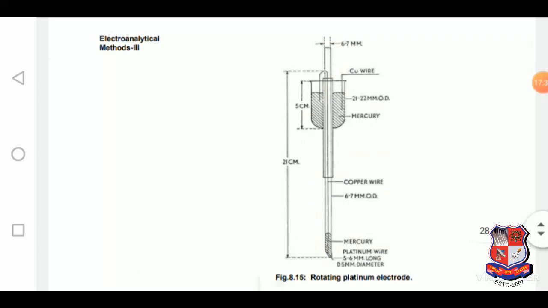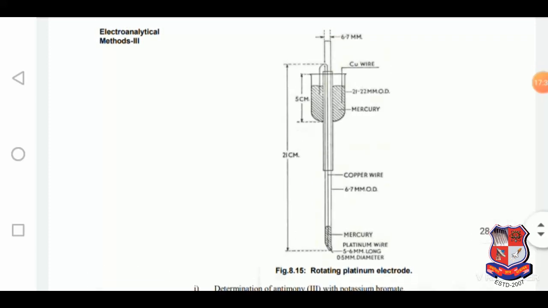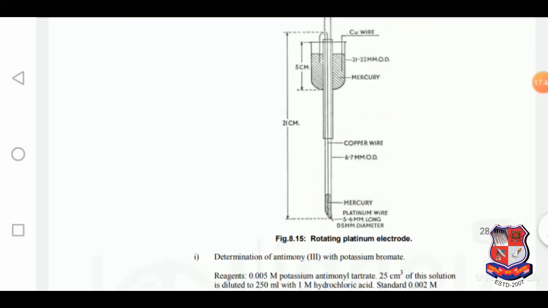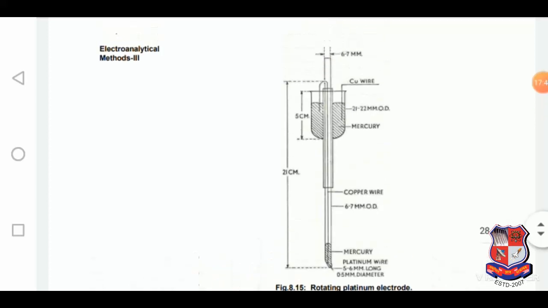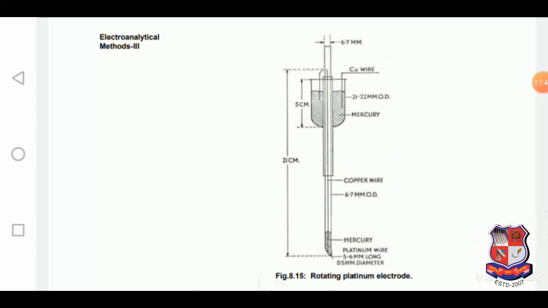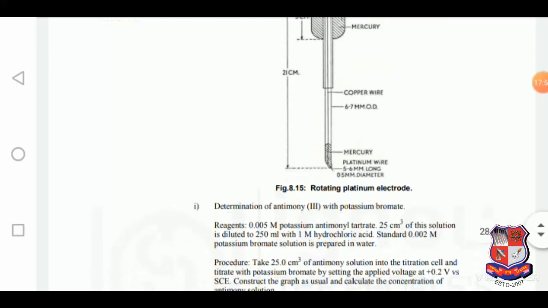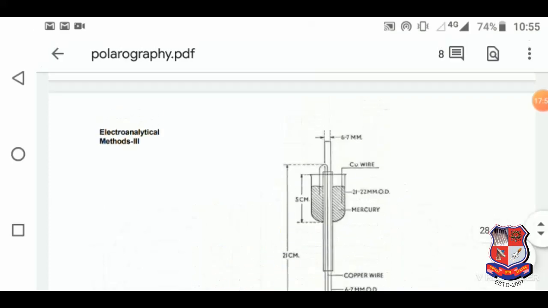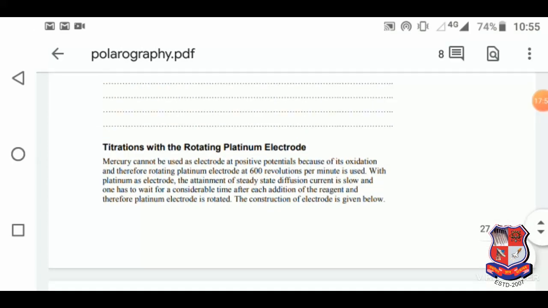Another important question regarding one of the electrodes, that is the rotating platinum electrode, is frequently asked in the GTU examination. This is the diagram representing the rotating platinum electrode. Titration with rotating platinum electrode.